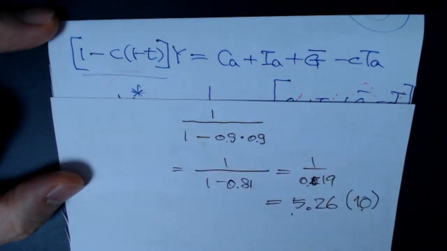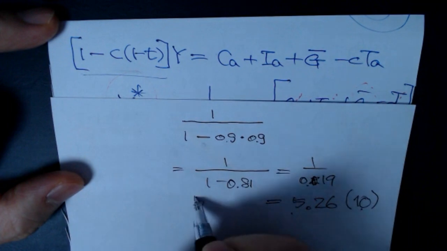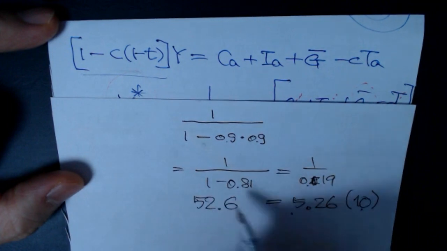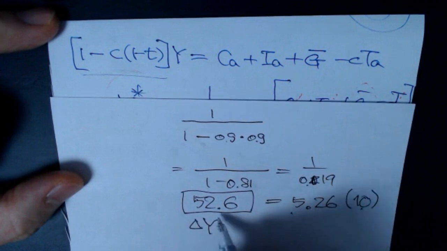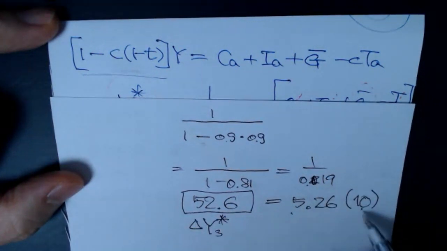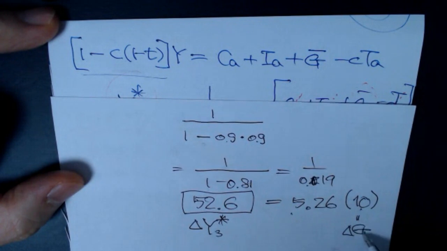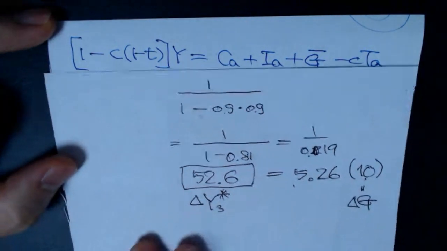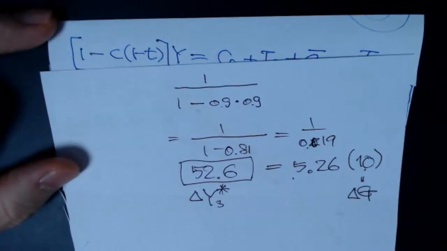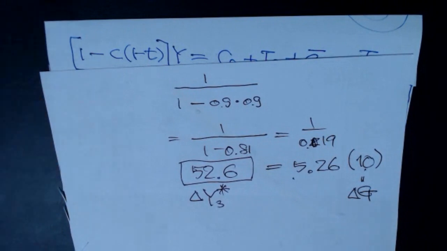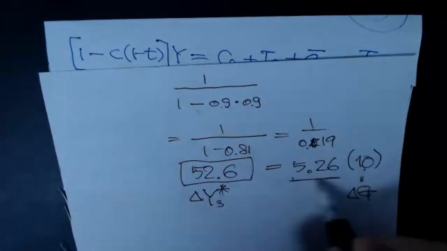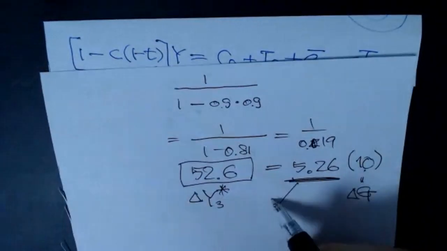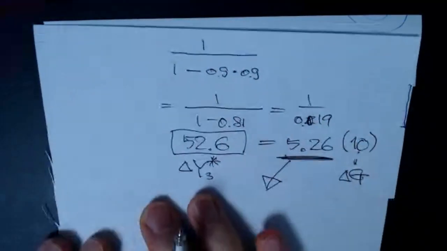So the national income, national output should increase by 52.6. This is delta Y. This is delta G. Okay, so this 5.26 we call the multiplier.